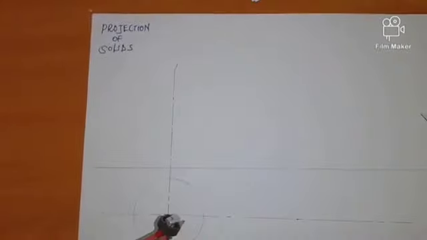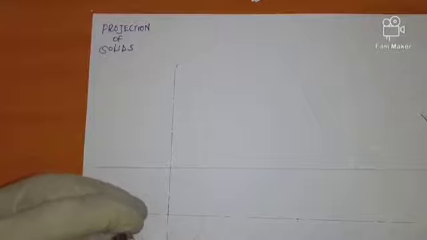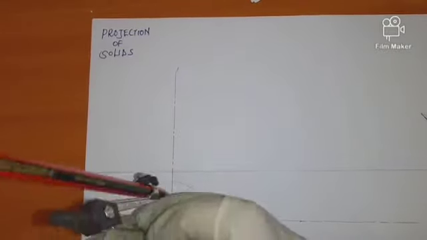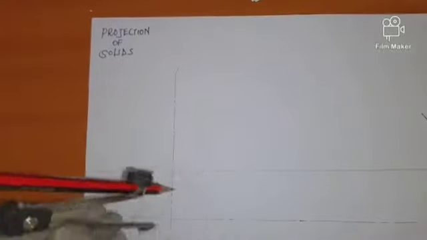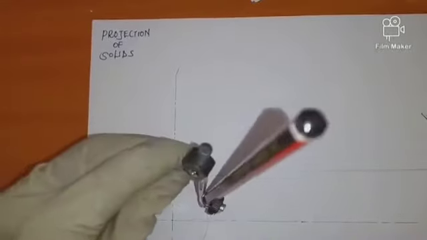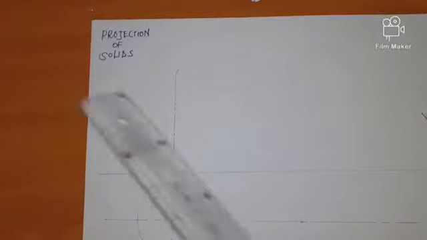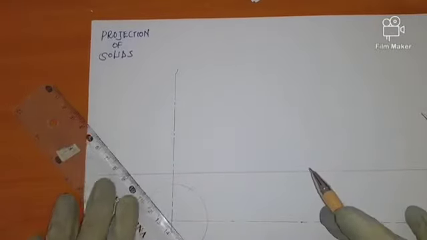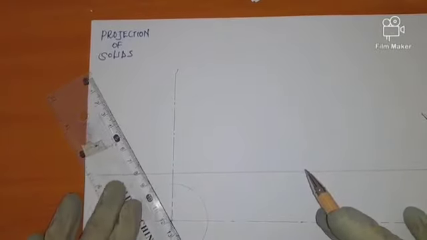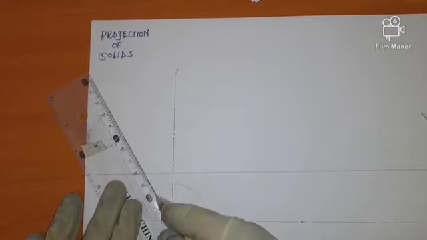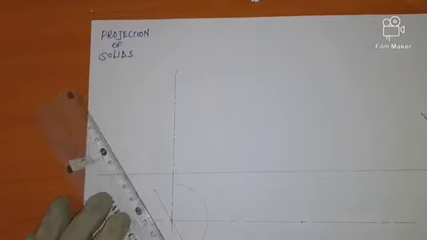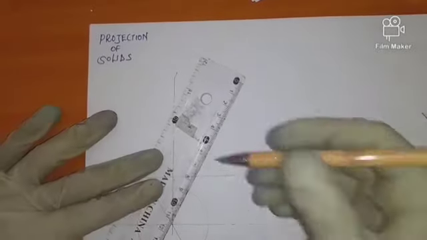We are dividing it into 12 equal parts, and this is just the radius which we are using. Once we have done that, we are going to join to get the other diameters. Corresponding points here: this one corresponds to that, and this one corresponds to this.